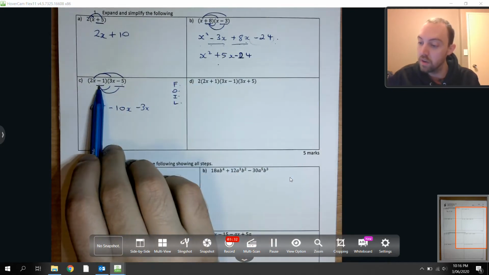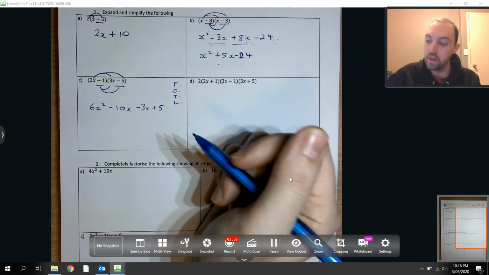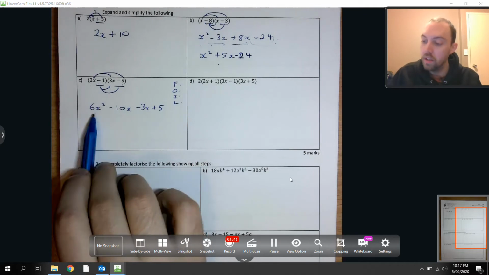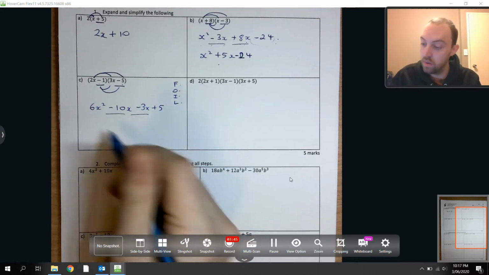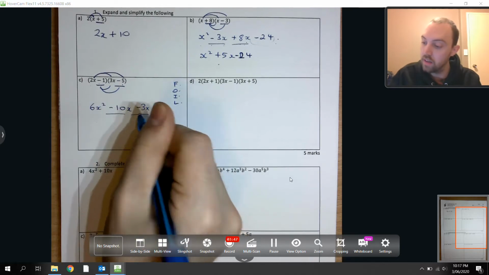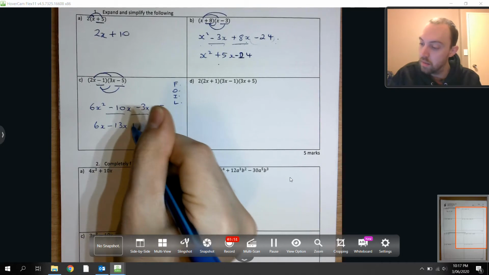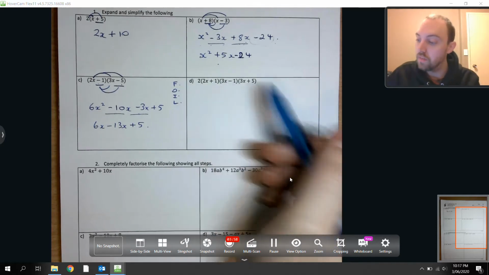And negative 1 times negative 5 is positive 5. Alright. So any like terms, collect them. This and this are like terms, so negative 10x take away 3x is negative 13x. And then we're done.